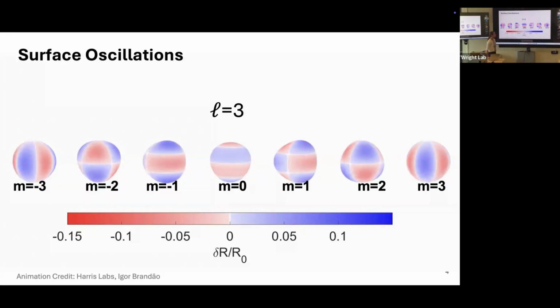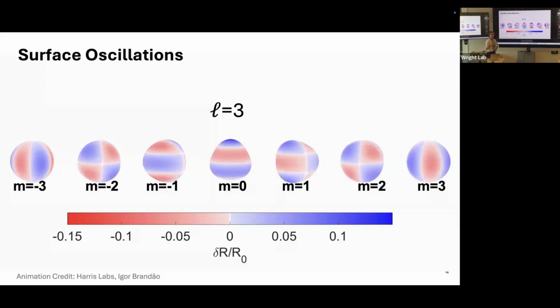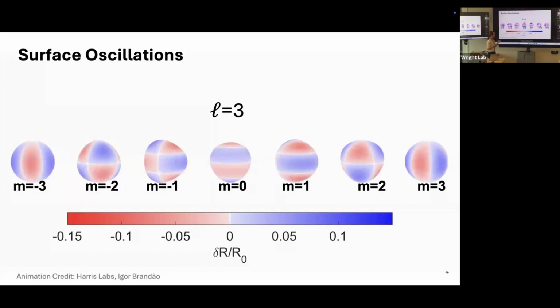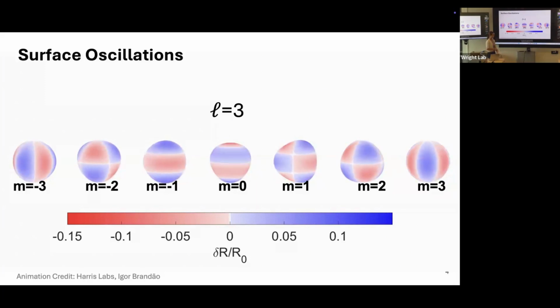For every integer L, there will be 2L plus 1 configurations the drop is able to oscillate at. And typically we don't know what we're going to get if we are driving at a frequency that would respond with L nodal lines. We won't know if we really get m equals 3, m equals -2, or whatever until we really see it, I think. I hope that answers your question. Yeah, it does. Thank you.